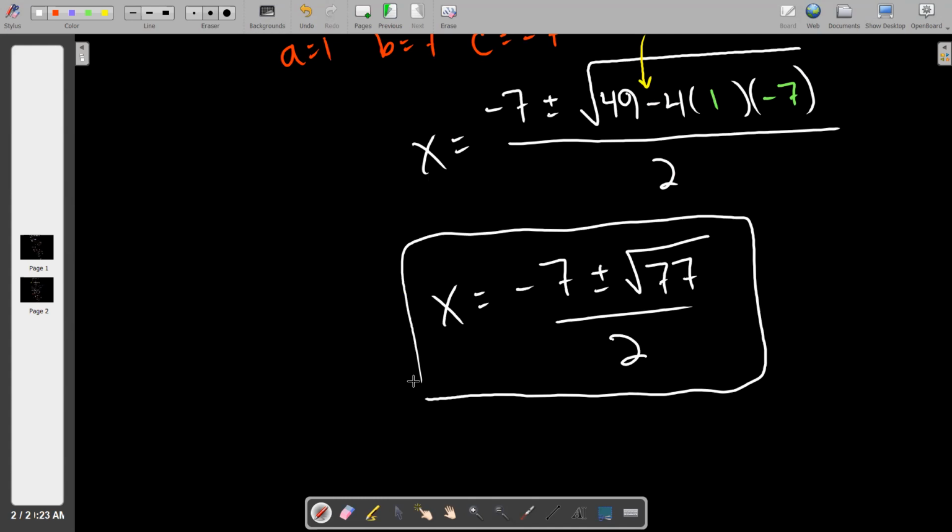Got a calculator? Anybody? I can use mine if you want. I'm going to write something in purple, and I want you to type that into your calculator. I did not put plus or minus. I just put plus. I'll do it along with you, so let's make sure we all get the same things.